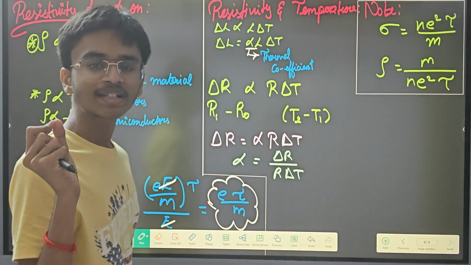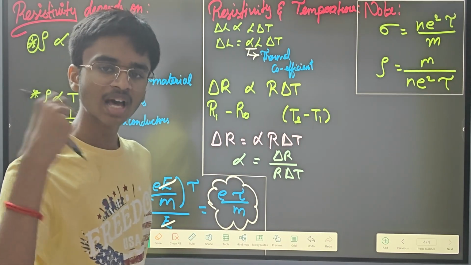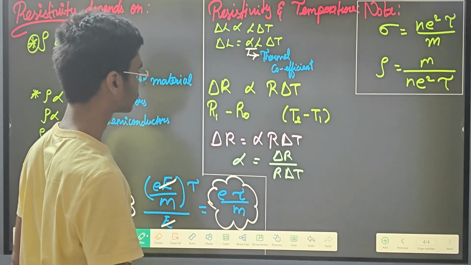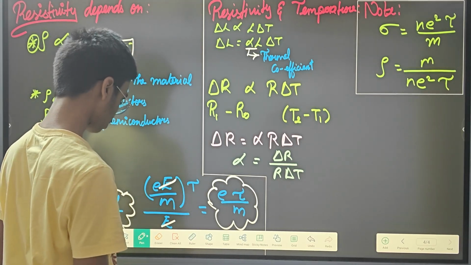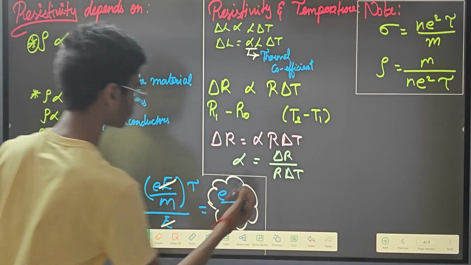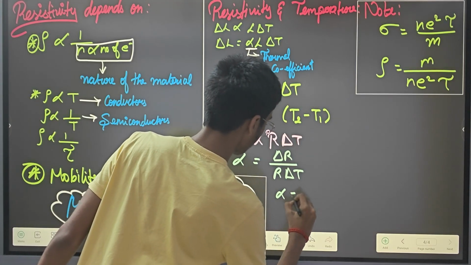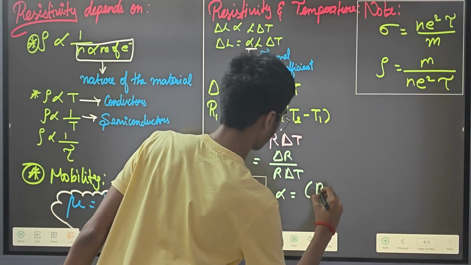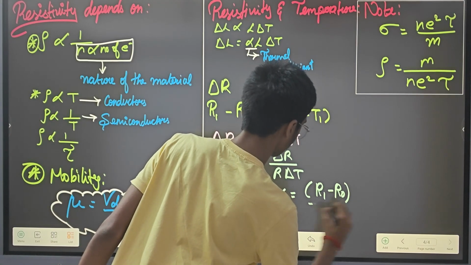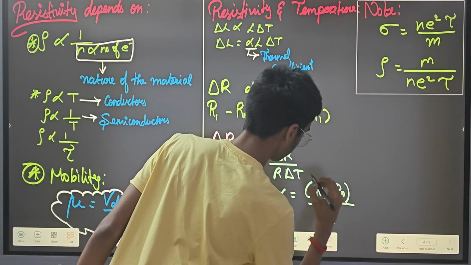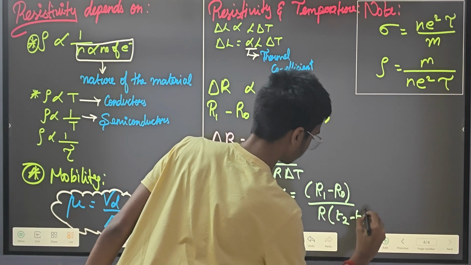Believe it or not, instead of writing R2 minus R1, write it as R1 minus R0. It will be very helpful. Alpha is equal to R1 minus R0 whole divided by R into T2 minus T1.